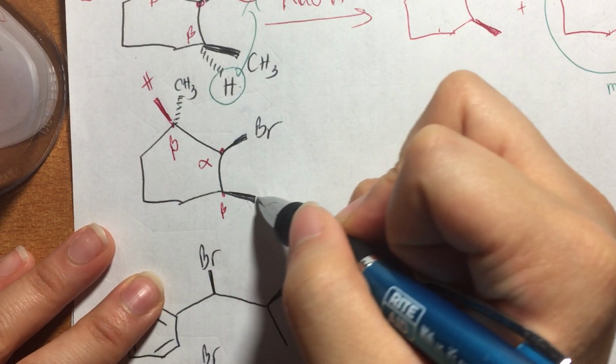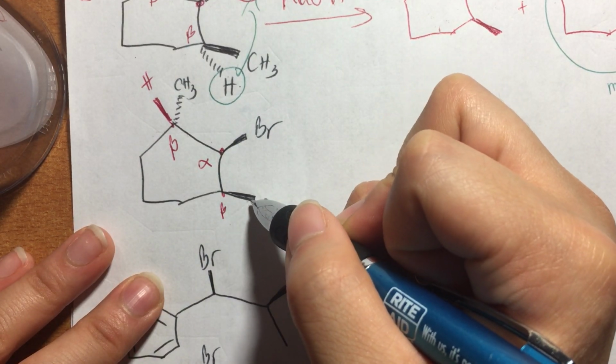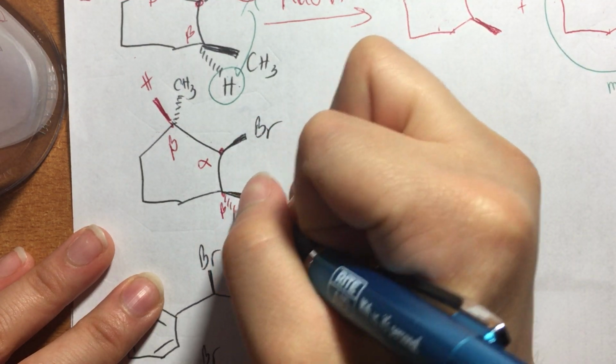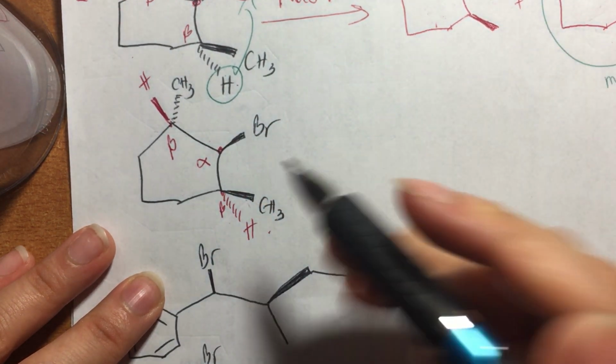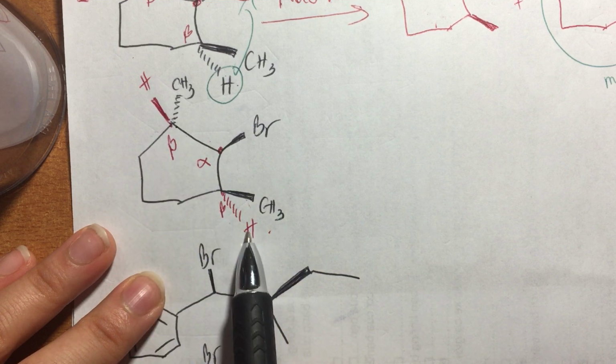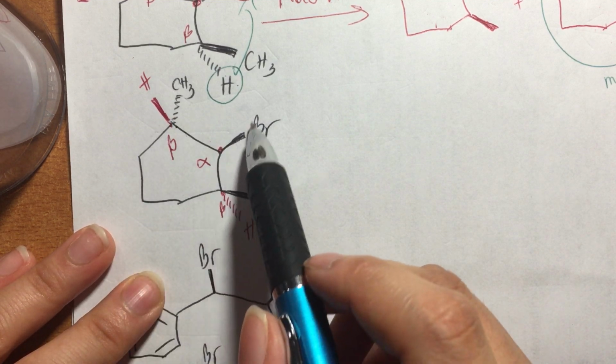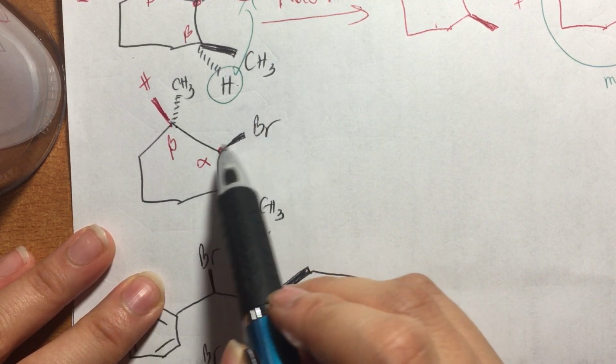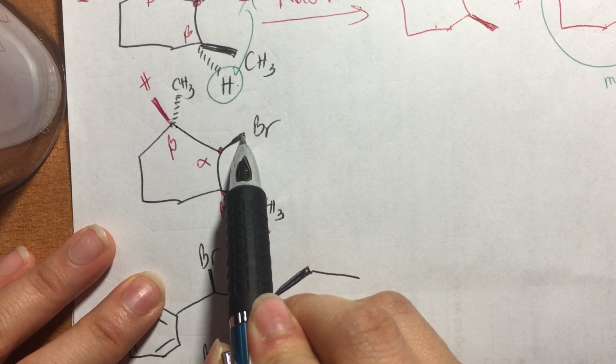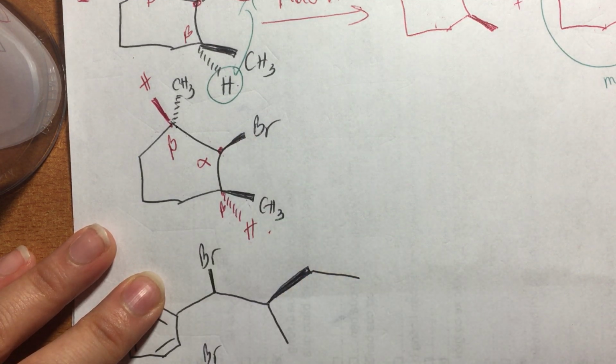And in this one, I have the methyl on the wedge, so my dash must be on the hydrogen. Now I have filled in my hydrogens. Now look at this. My bromide is a wedge, so it can only react with the hydrogen on a dash.